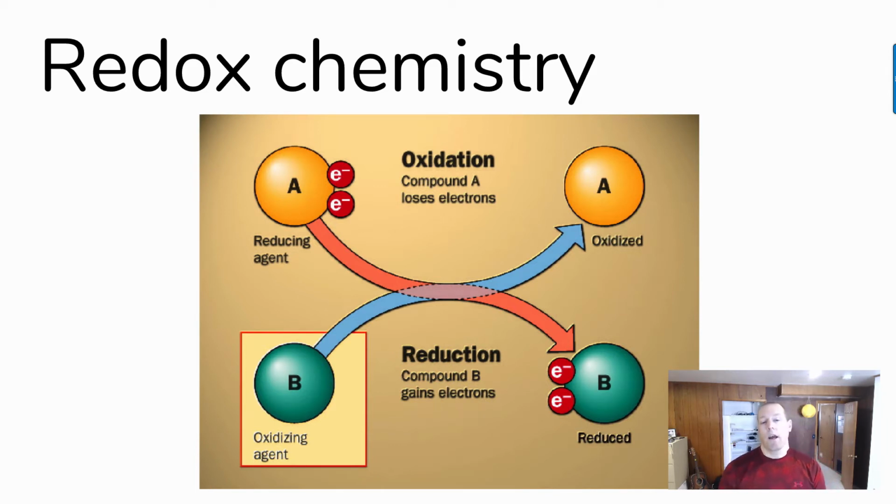We have to be very careful about whether we're talking about oxidation, which is a process, whether a molecule has become oxidized, or whether a molecule is a reducing or oxidizing agent. We're going to be careful not to mix up our verbs, adjectives, and nouns as we talk about this. So that's a quick overview, and you may need to come back to this slide as we review some of these clicker questions.